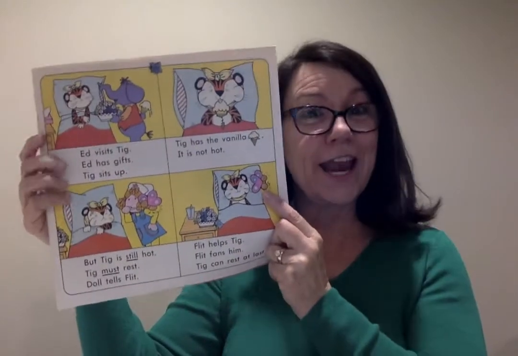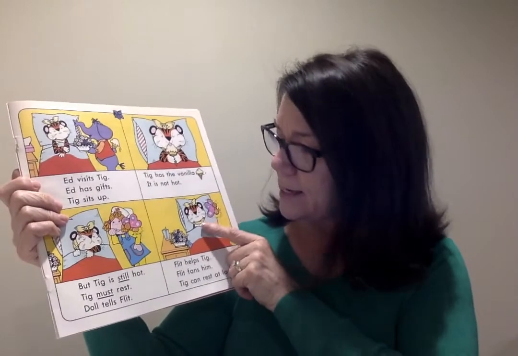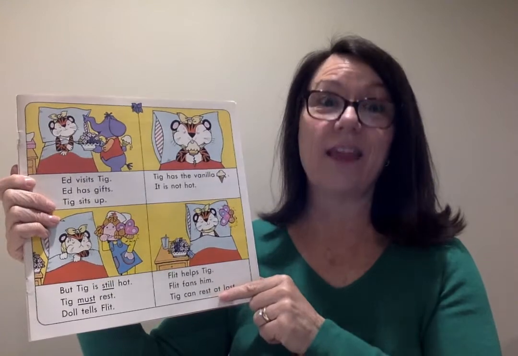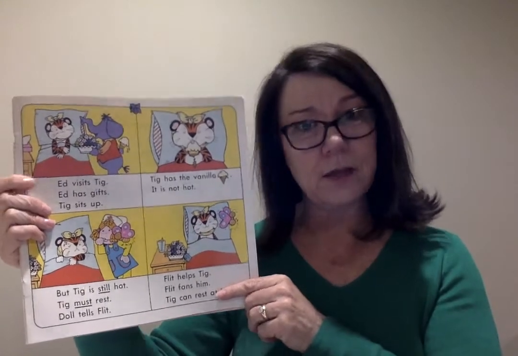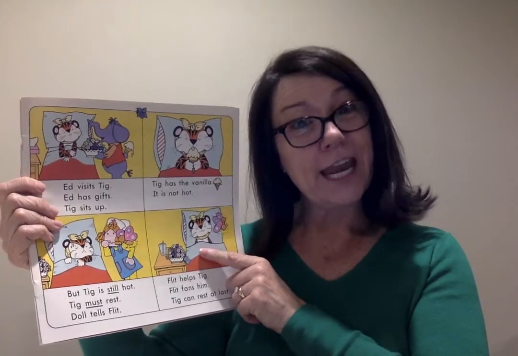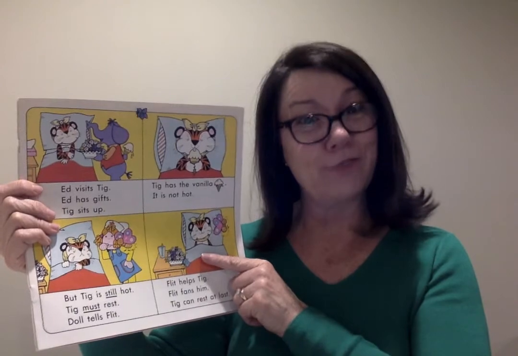So Flit is using her wings to move air and fan Tig. And it says that he can rest at last. So you know what that means? Flit's fanning worked. It cooled Tig off, and now he's able to rest comfortably.